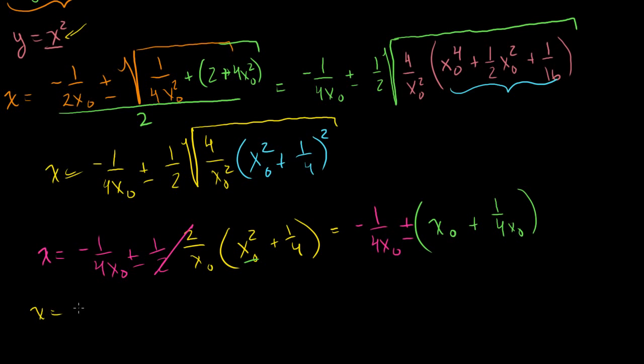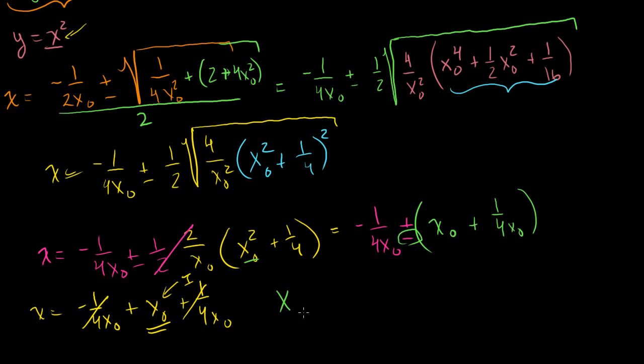So x is equal to minus 1/4 x naught plus x naught plus 1/4 x naught. And good enough, it does actually cancel out. So x naught is one of the points of intersection, which makes complete sense because that's how we even defined the problem. So that's the first quadrant intersection. The second quadrant intersection will be when we take the minus sign right there.